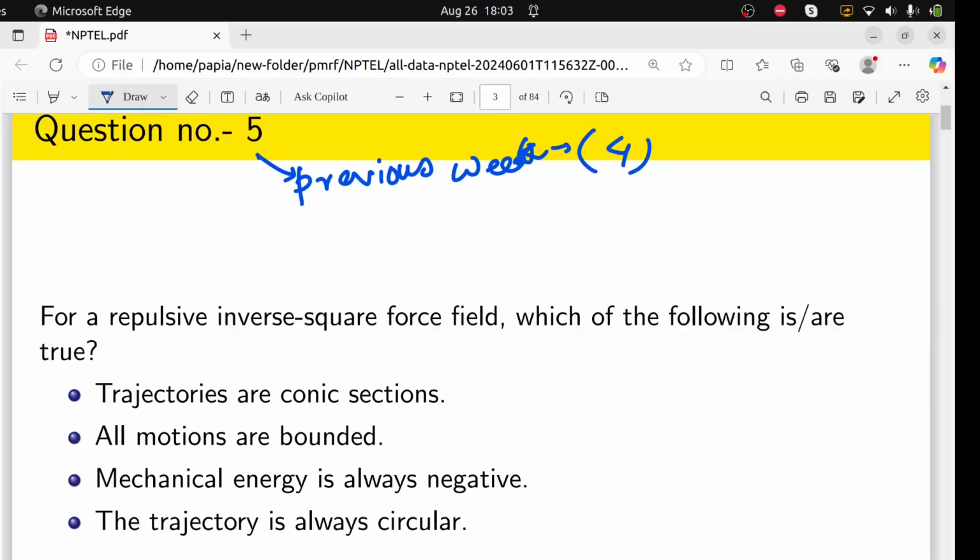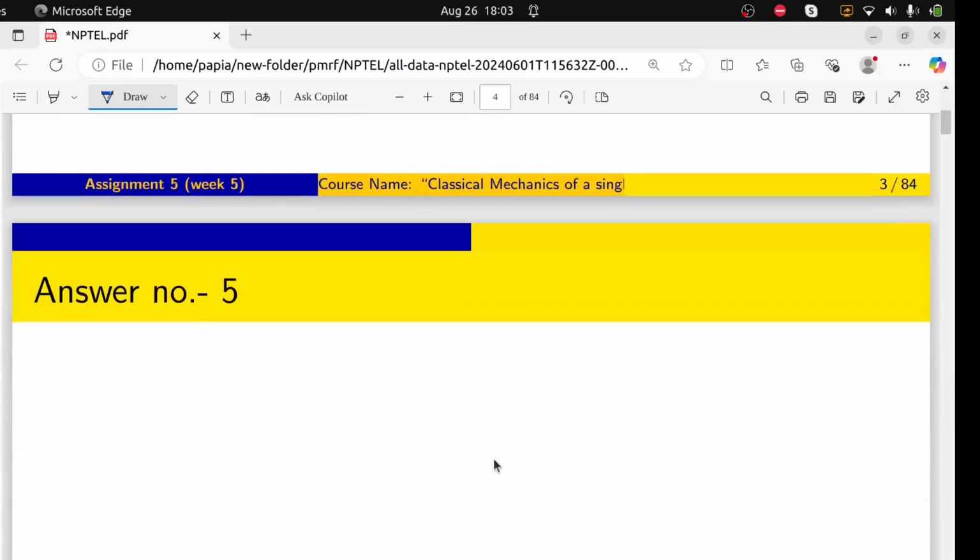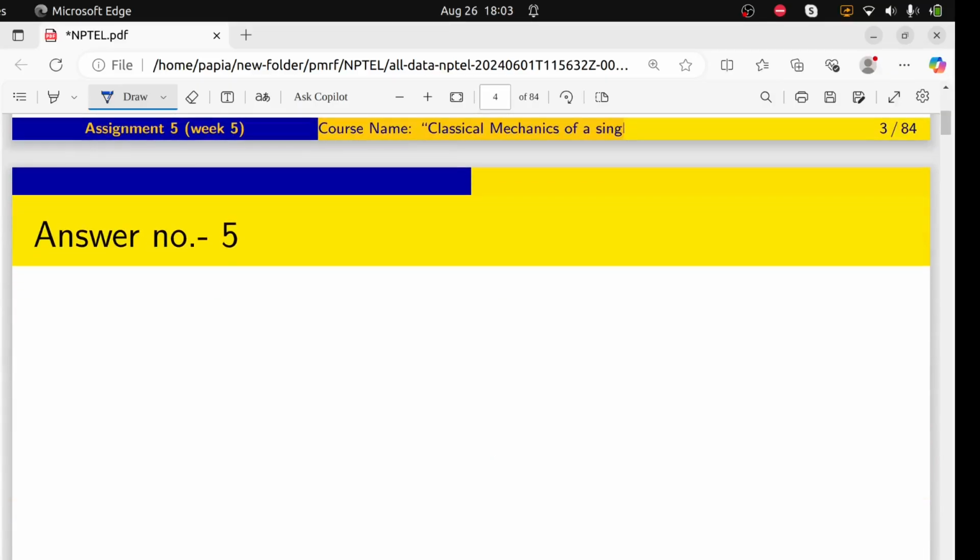For a repulsive inverse square force law, which of the following are true? Okay, so repulsive inverse square force field. I just want to point out one thing that I did a little bit wrong in the last class. I'm really sorry for that wrong answer.